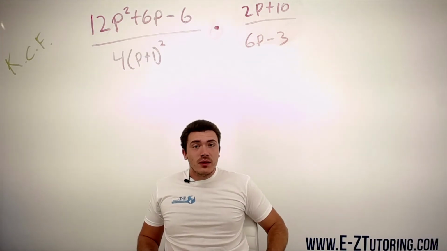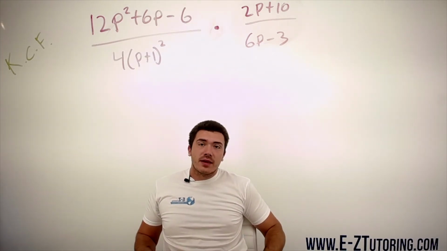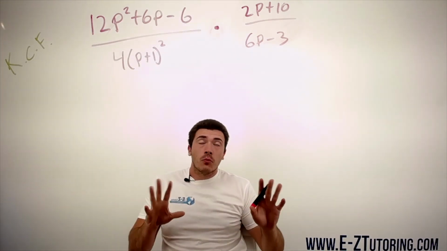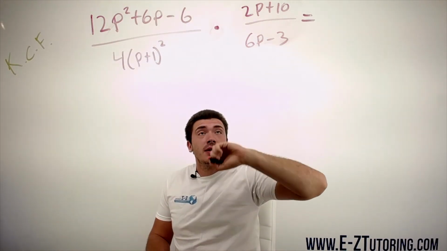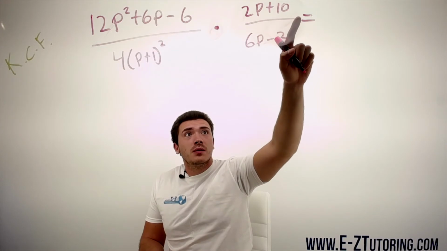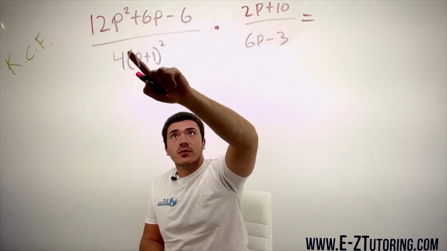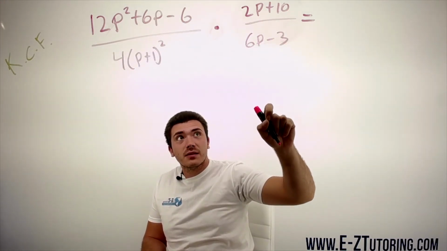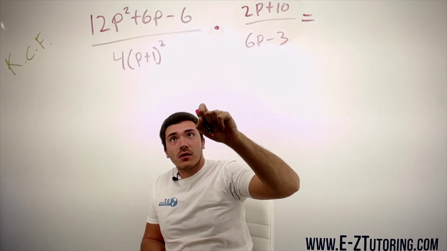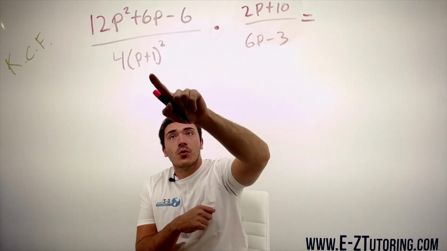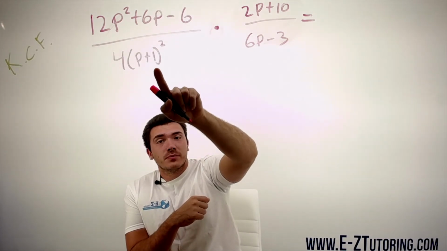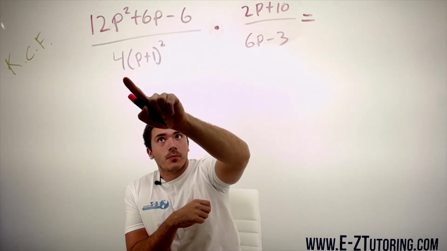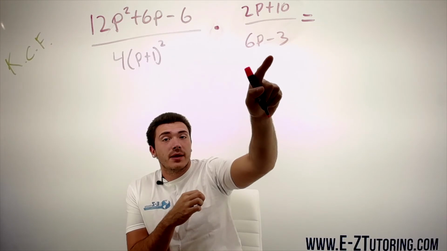So now we can go ahead and multiply these like regular rational expressions, just like we did in the last problem. So we do 2p plus 10 times all that. That's going to get messy. And one more thing I'm going to do is FOIL out p plus 1, distribute the 4, and multiply by this.